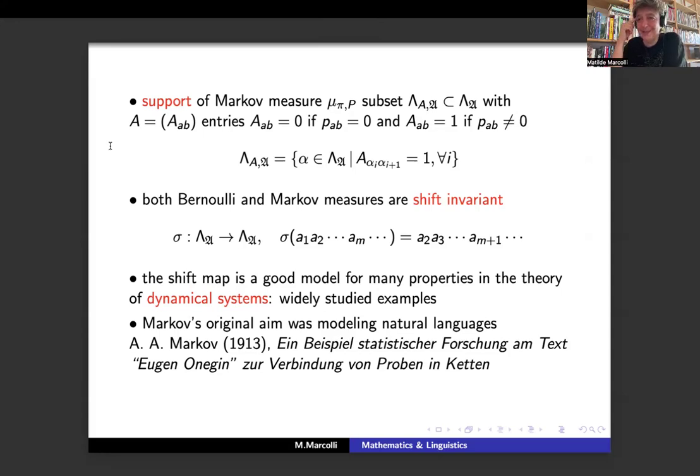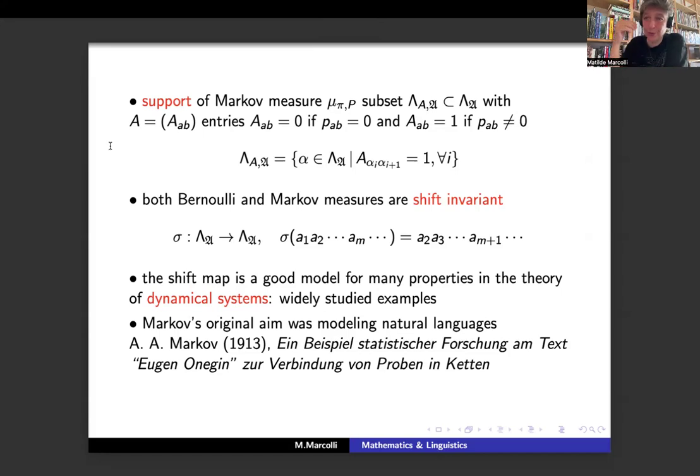And there's an interesting bit of history here: Markov chains were introduced in the early 20th century by Markov, exactly as a way of studying text in language.